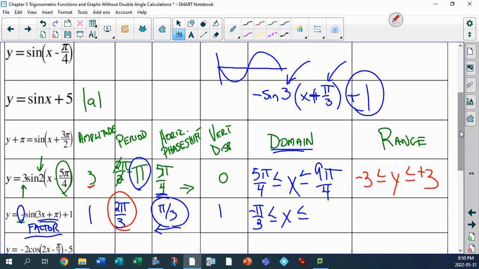So you started at minus pi over 3, because it is shifted to the left. You're going to add 2 pi over 3 to this. You're going to end, well, minus pi plus 2 pi is going to give you just plain old pi over 3. There's where you're going to end. There's your end point, pi over 3.